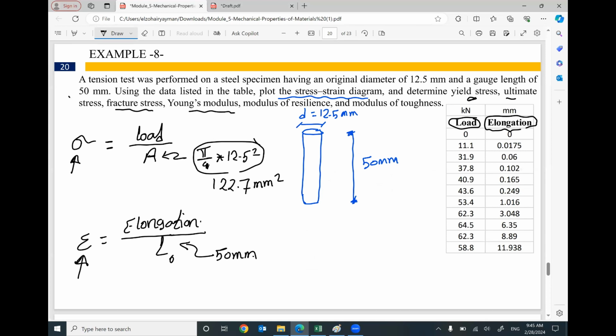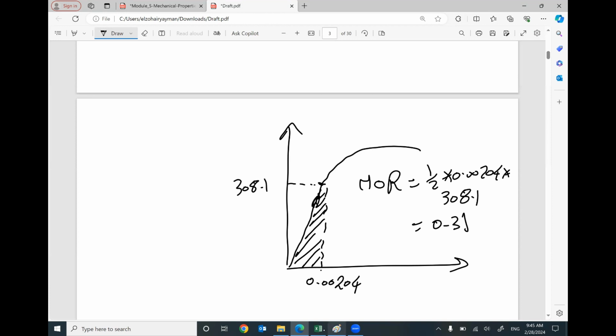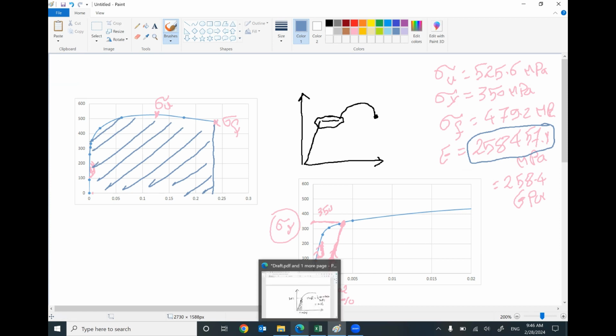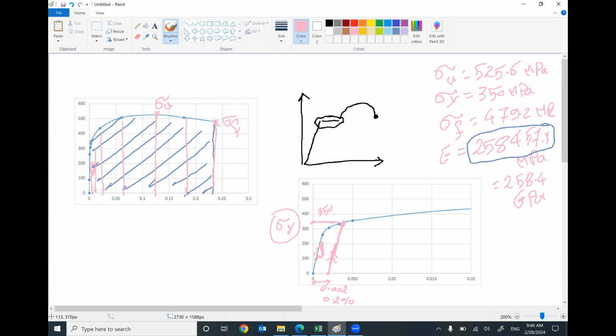What is the value of modulus of toughness? If you remember, the modulus of toughness is the area under the curve. So we need to figure out what is the area under this curve. Do you remember how we can figure this out? We covered this in the previous videos. I will divide this curve into strips.